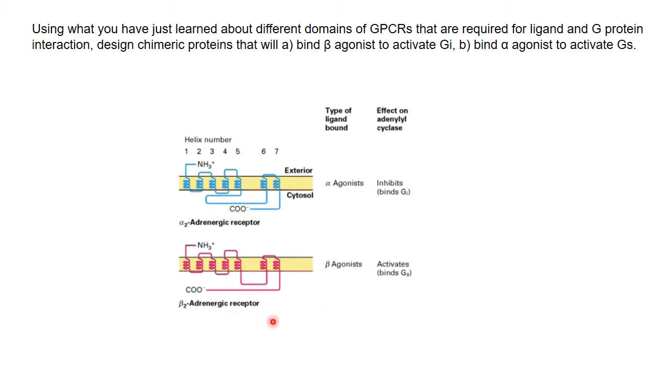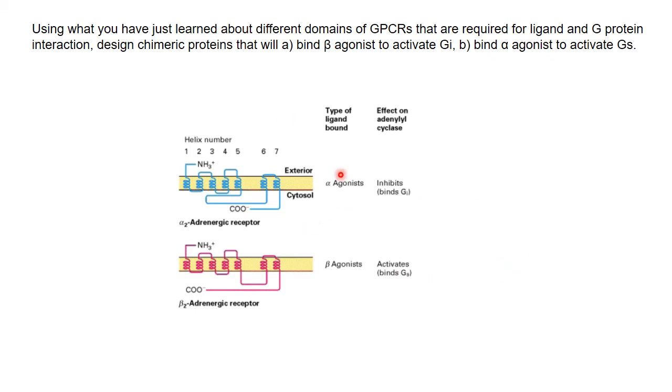The other protein or gene that you're playing with is the beta-2 adrenergic receptor, so it's binding beta agonist. And then downstream of it binds Gs proteins, where S stands for stimulatory, it activates adenyl cyclase. So your output measure is going to be the level of cAMP, which in this case, because this one inhibits, is going to be decreased, and in this case be increased.